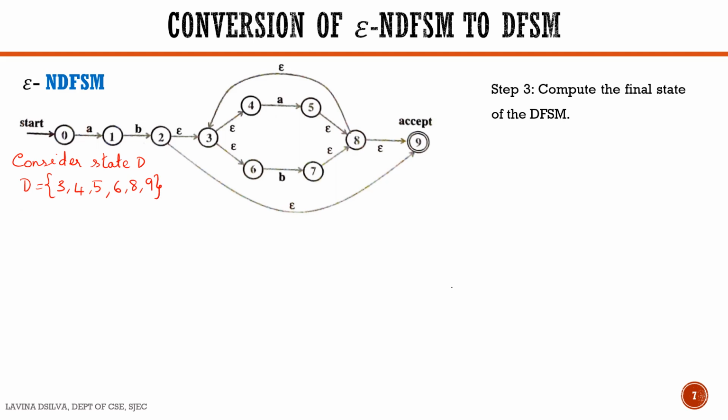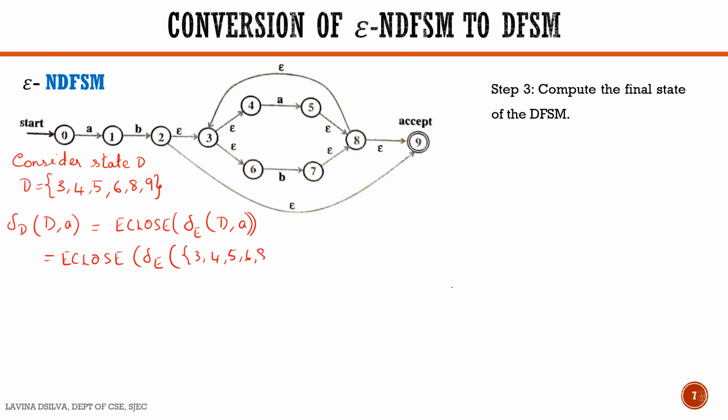Now we calculate delta D transition. Delta D of capital D on A is equal to E close of delta E of D comma A. Rewriting D, we have E close of delta E of 3, 4, 5, 6, 8, 9 on A. You can split this.